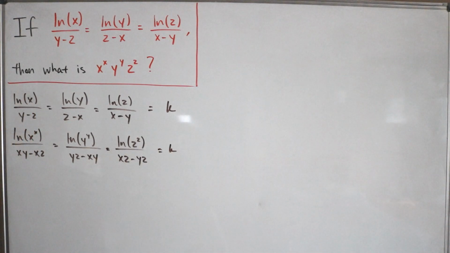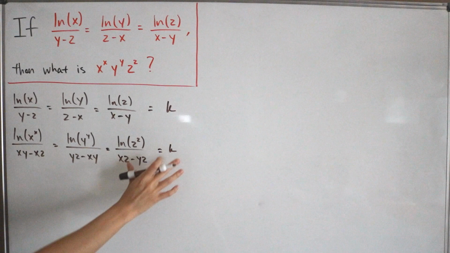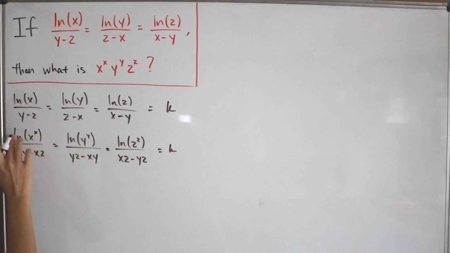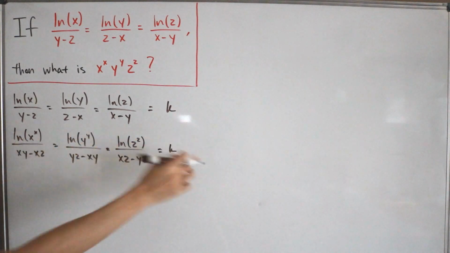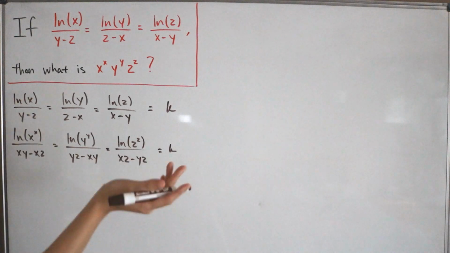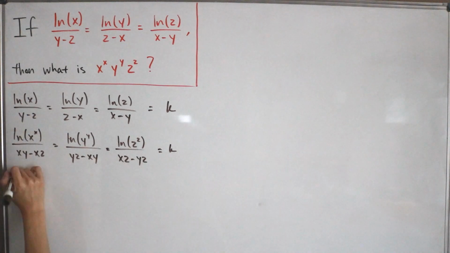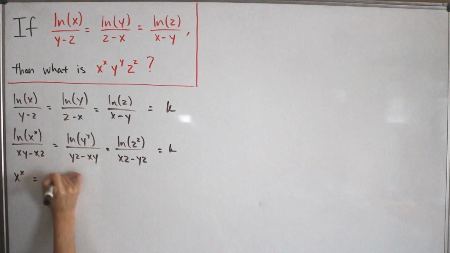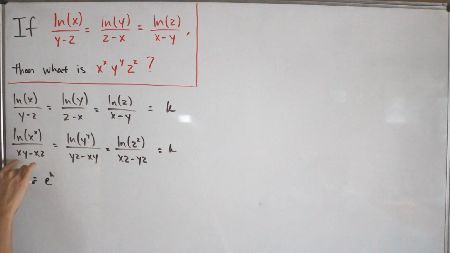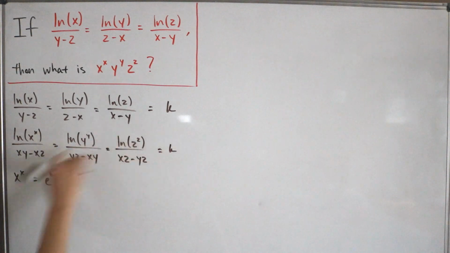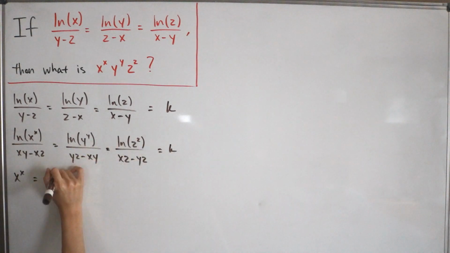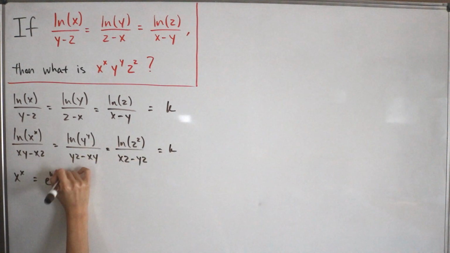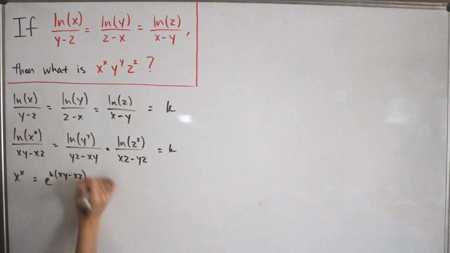Now everything is set equal to each other, so one by one, I can get the natural log by itself by multiplying by the denominator, and then take the exponential of both sides. So x to the power x is just equal to e to the power k times x y minus x z, and then do this each time separately.